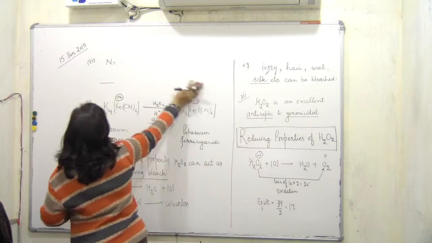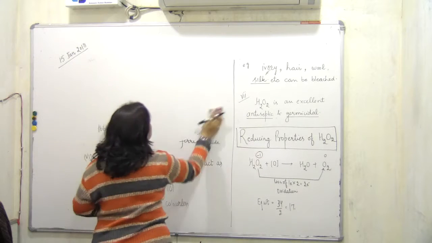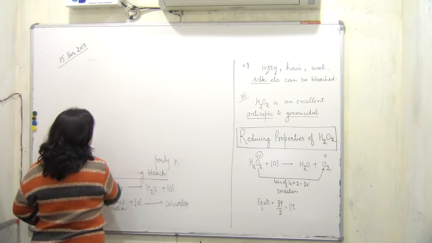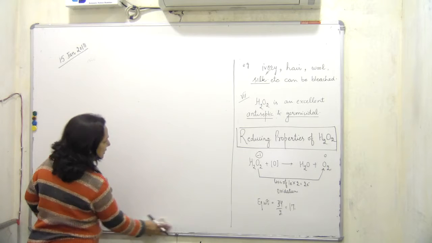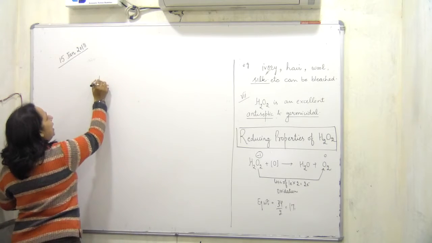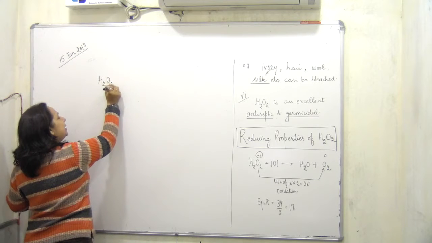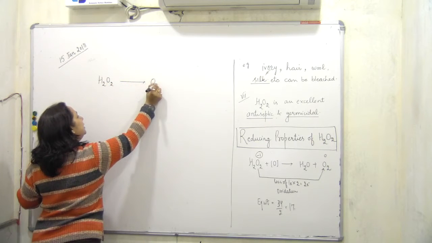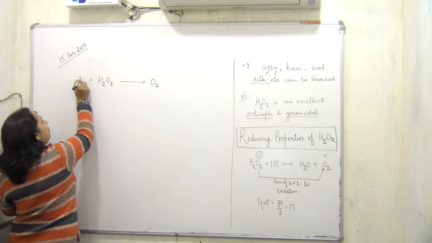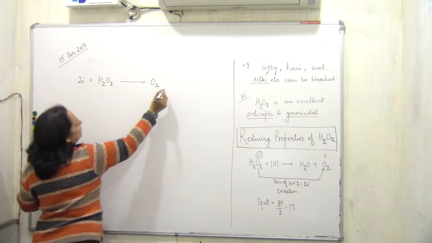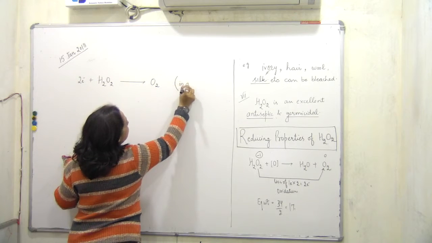And when we say reducing nature of hydrogen peroxide, it means we must know that reducing nature can be balanced in acidic as well as in basic medium. Hydrogen peroxide converted to oxygen with the gain of 2 electrons, balance this reaction in acidic medium.